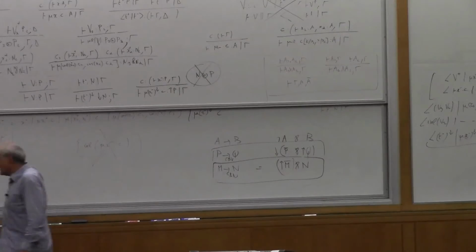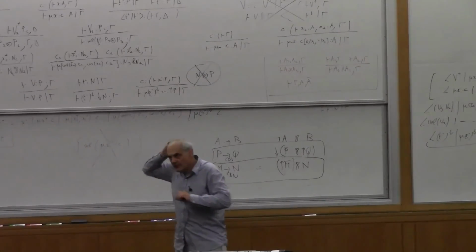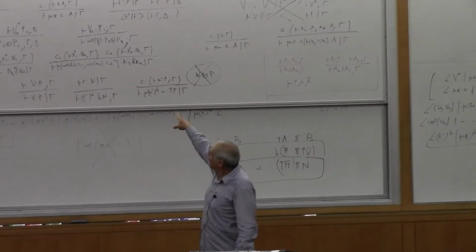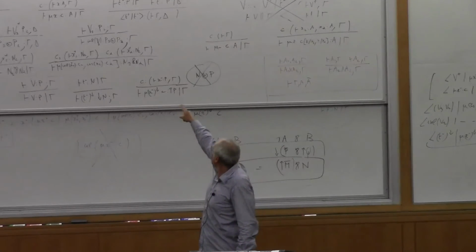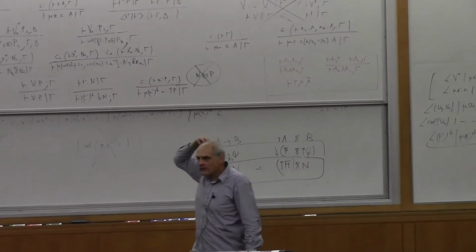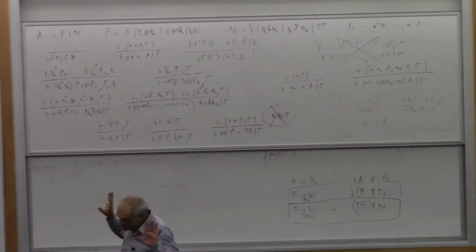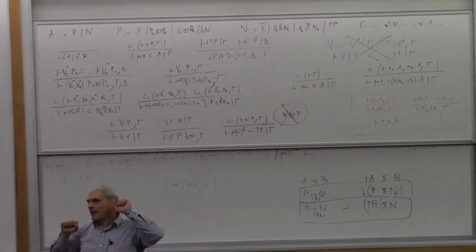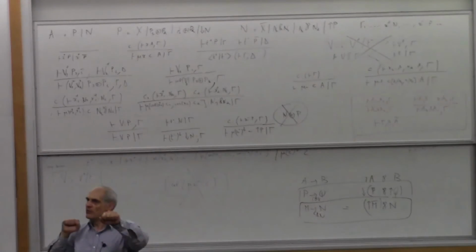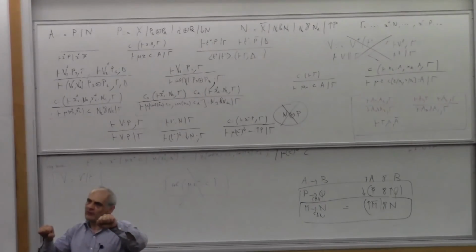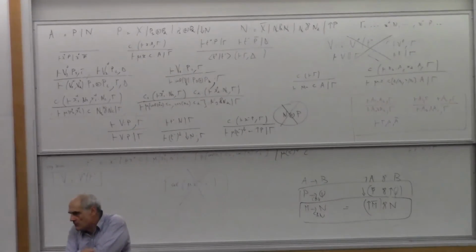So that's one thing. And the other interesting thing is that my language is very expressive here, expressive enough so that I have as many negative formulas as I have positive formulas. That means my syntax is self-dual.